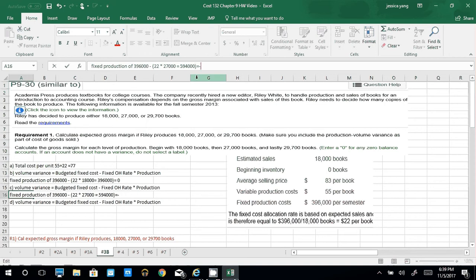When we take $396,000 subtracted by $594,000, there is a difference of $198,000, negative.